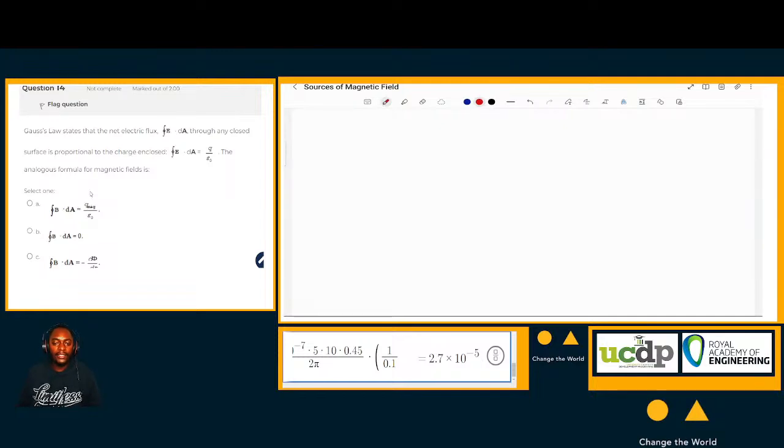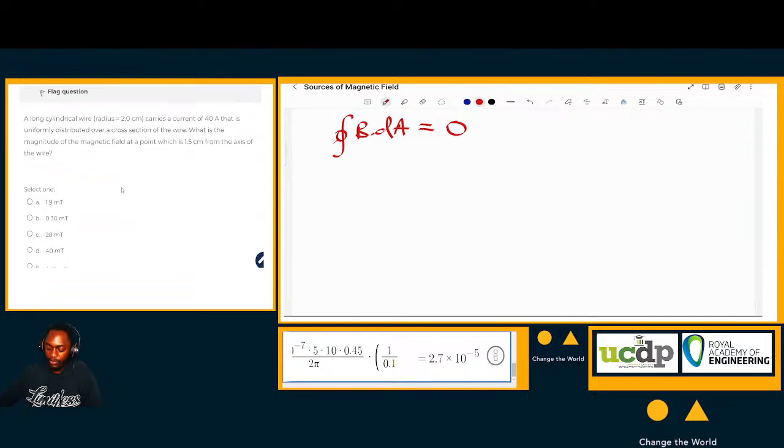The analogous formula for magnetic fields is, remember that the integral of B dot dA is equal to 0. And what does that mean? The net flux through any closed surface is 0. So this is just revision for chapter 27 or chapter 28, what you did earlier. Hopefully you haven't forgotten that.